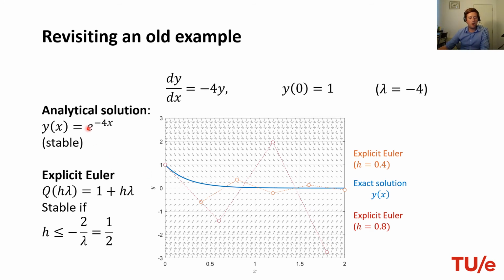So even though our analytical solution is stable, if we choose h too large, we get an unstable numerical solution. This is a very distinct feature of explicit methods. They always have these stability criteria, and they can be quite stringent in some cases. For instance, if lambda was very large, negative but very large, then this h would have to be very, very small.